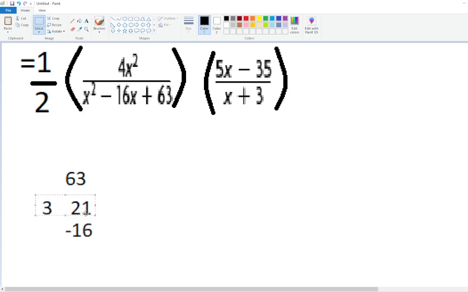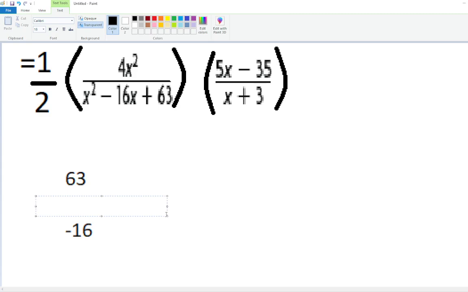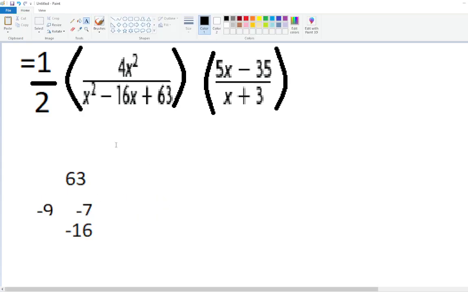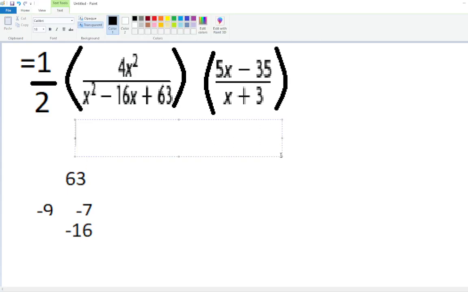Of course, I could divide 21 by 3, and that would make 7, which means I multiply the 9 by this. So this makes sense, 9 and 7. So if they're both negative, minus 9 and minus 7, they add up to negative 16, and they multiply up to positive 63. So right away, we can replace that bottom structure with x minus 9 and x minus 7.